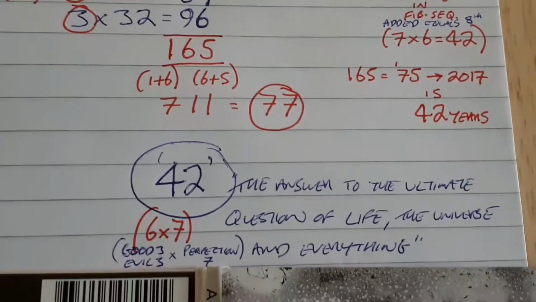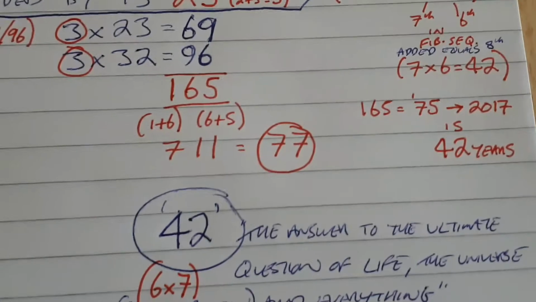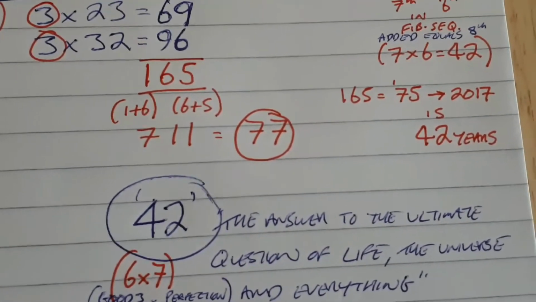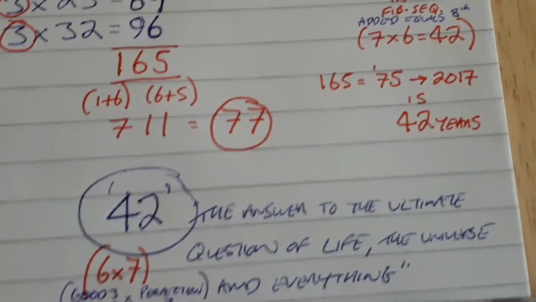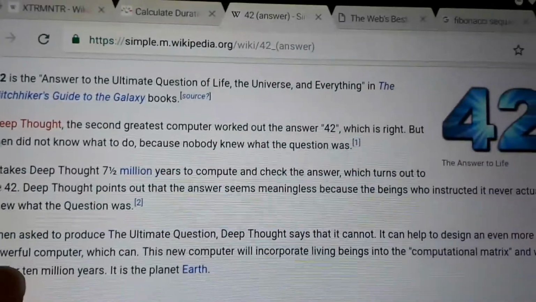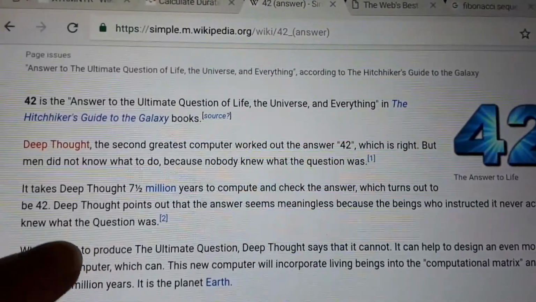If you're a Hitchhiker's Guide to the Galaxy fan, you'll know that that's the answer to the ultimate question. Let me just try and get that up on my tablet. So yeah, 42.